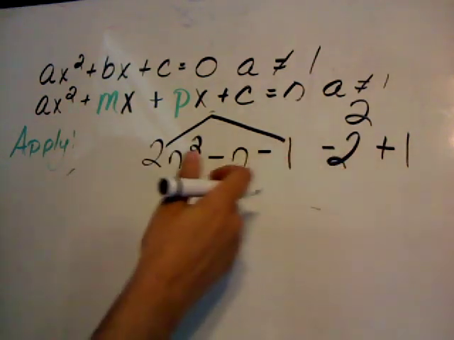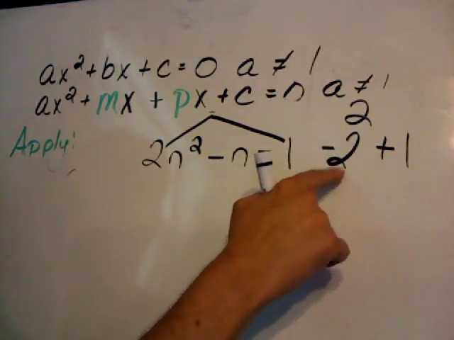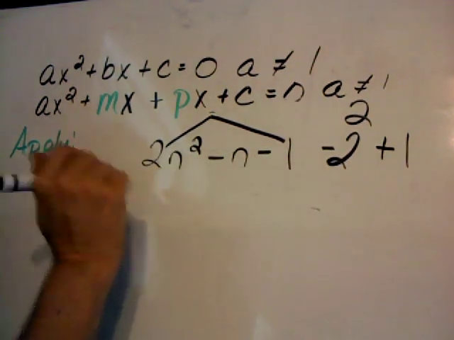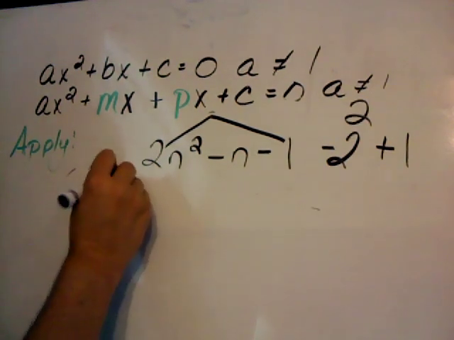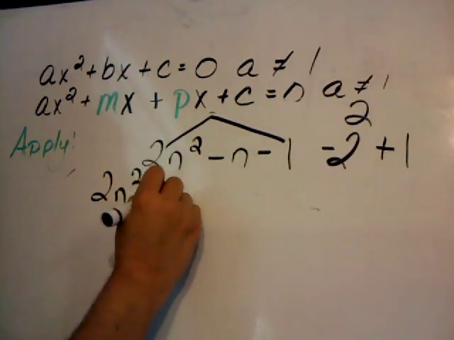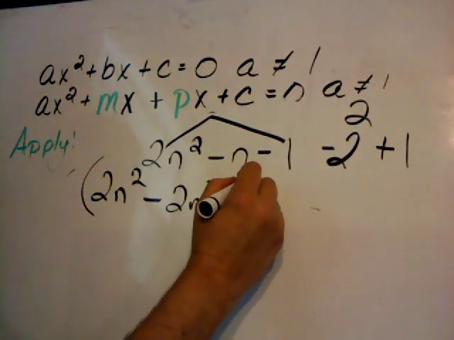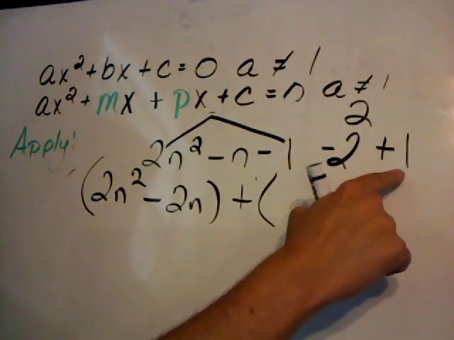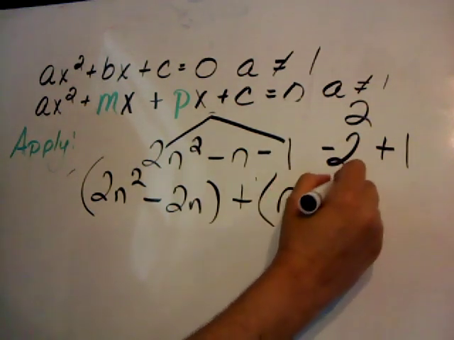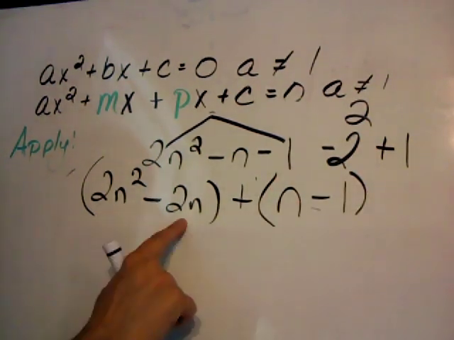Now again, I want to put things together that I can factor. So I'm going to put the negative 2 with the 2n. So I have 2n squared minus 2n, plus, and this is a positive, n minus 1. What can I factor out of here?